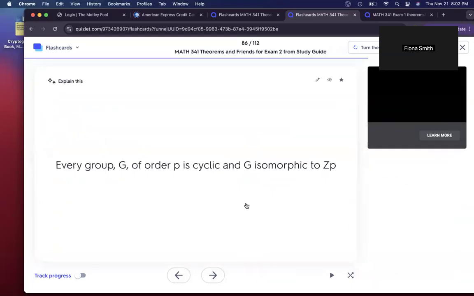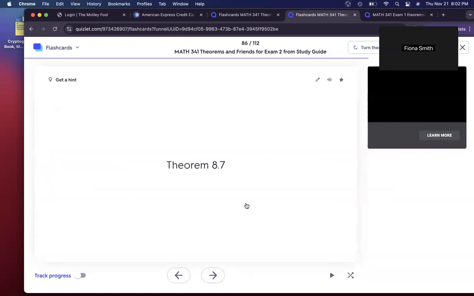Theorem 8.7, every group G of order p is cyclic and G is also isomorphic to Zp. So this is really, even just in the review today with this professor, this was super important. So every group that has a prime order is cyclic. Every group that has a prime order is isomorphic to Zp.